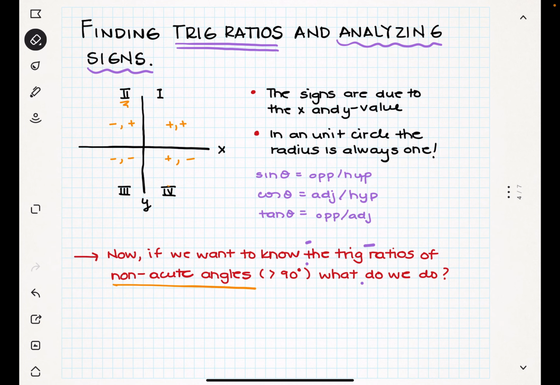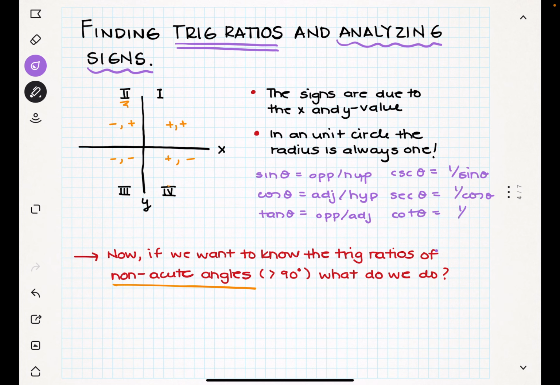And remember the reciprocals: cosecant of theta is 1 over sine, so we're just going to flip the information that we have. Secant is 1 over cosine, and cotangent is 1 over tangent. So we're just going to flip the results that we have for sine, cosine, tangent.